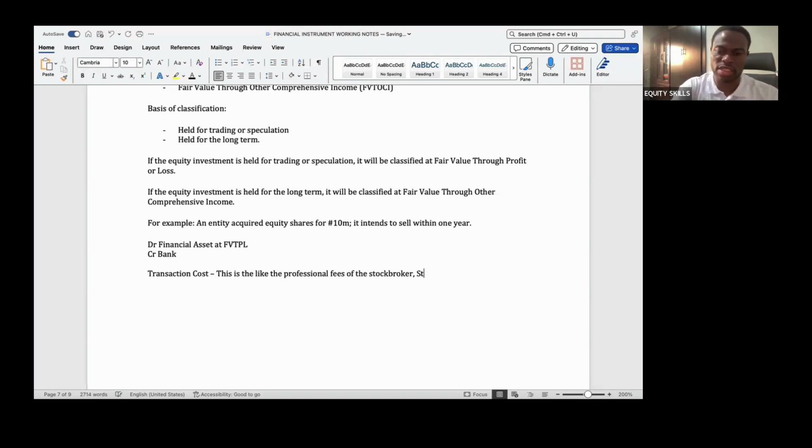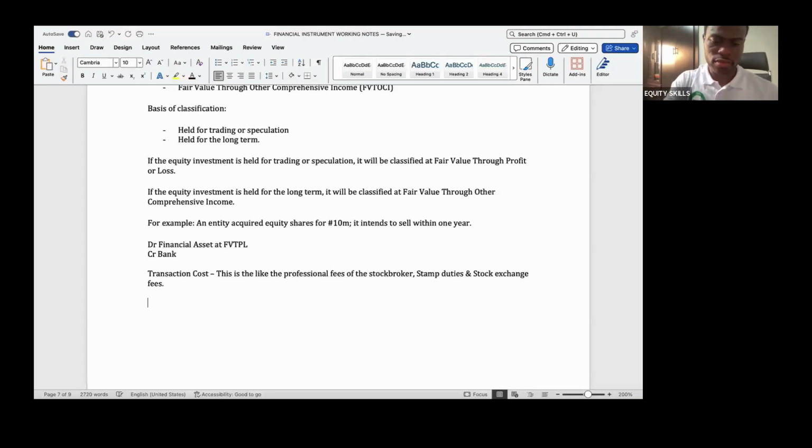Or it could be stamp duties you have to pay to FIRS on that transaction, and maybe stock exchange fees. All of these are transaction costs.